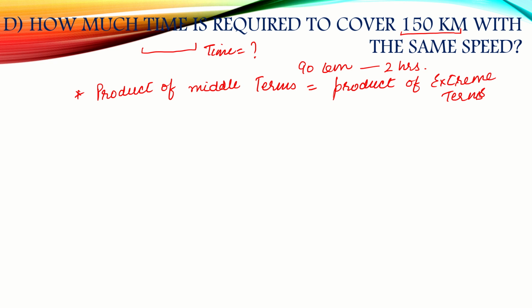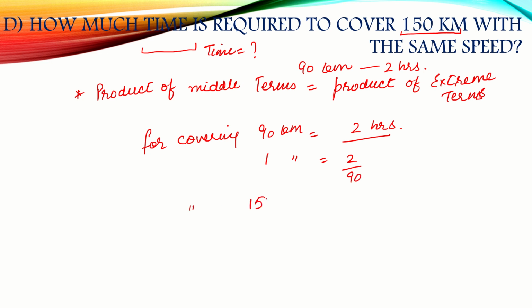As time is required to find out, again I will keep the time on the right hand side. I will write 2 hours here, and distance is 90 kilometers, so again I will make the statement like this: for covering 90 kilometer 2 hours, for 1 kilometer 2 by 90, and for 150 kilometer I will write 2 by 90 multiplied by 150.